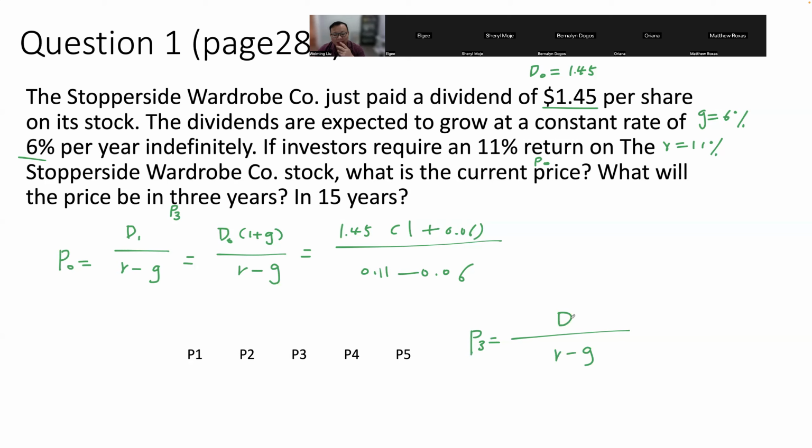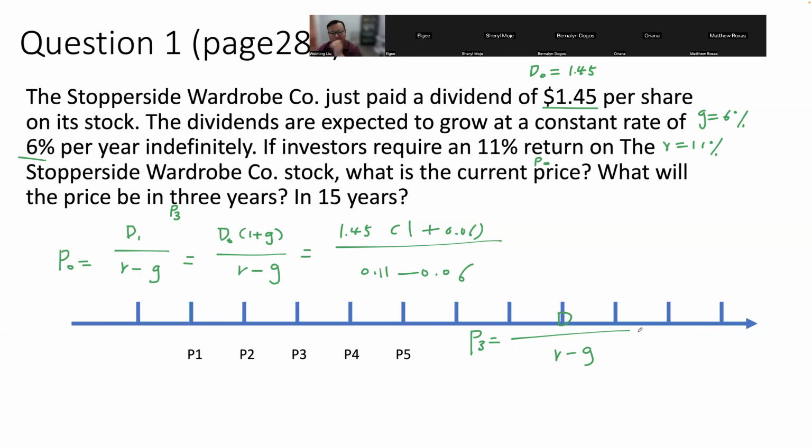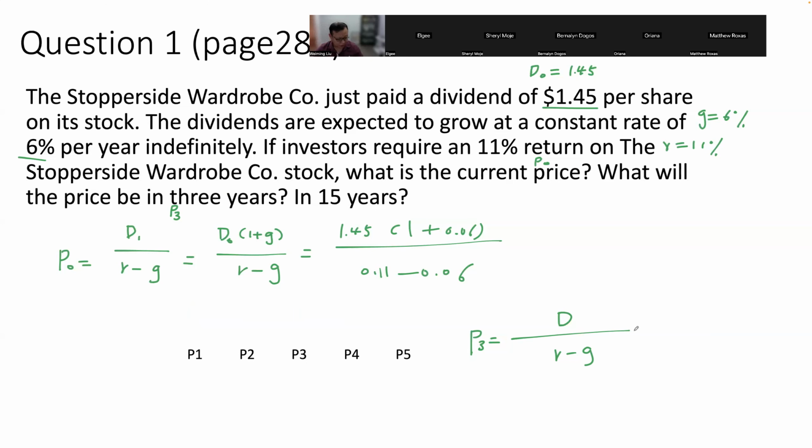P3 equals D what divided by R minus G? Anyone? D2? Okay, let's take a look.